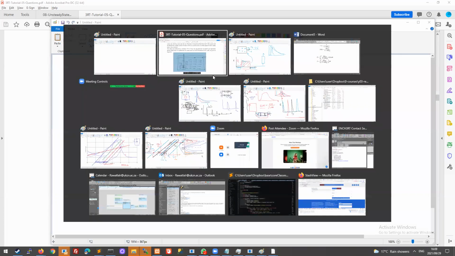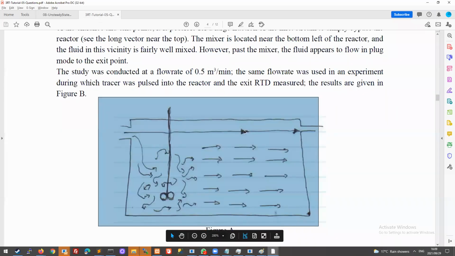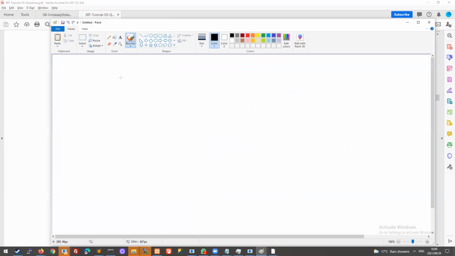So you can see a bypass here, but in the real world, this is not an infinite bypass. It is going to take some time to reach the exit. So let's draw that as a PFR. Yeah. So let's say there's a little PFR here.